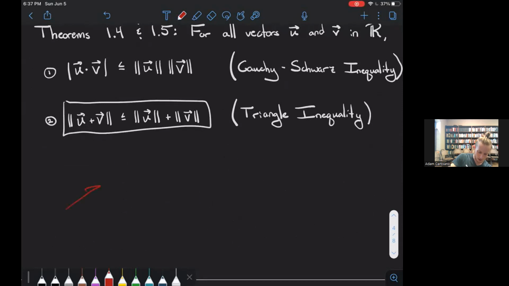So let me draw some vectors. Here's u, here's v. I'm not even labeling them apparently. Okay, we want to do their sum. We do tip to tail, and we draw a vector.